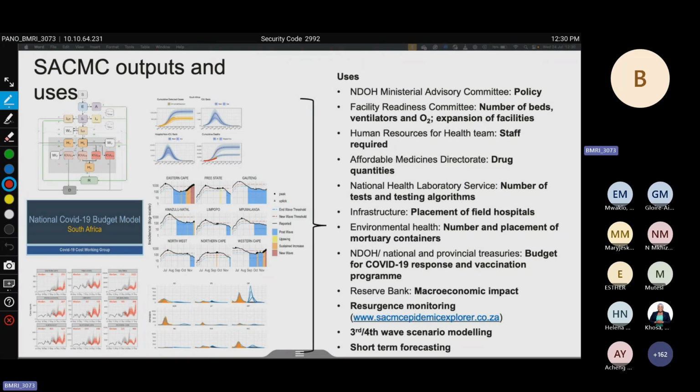Our colleagues at HERO at Wits University, they were responsible for the costing side of translating our model input. So we had plenty of meetings with the Reserve Bank, with the National Treasury, and helped to plan out this entire initiative. And not just over wave one, but across all 4 major waves in the country, and then provided advice also as we were starting to see these smaller waves with these subvariants.